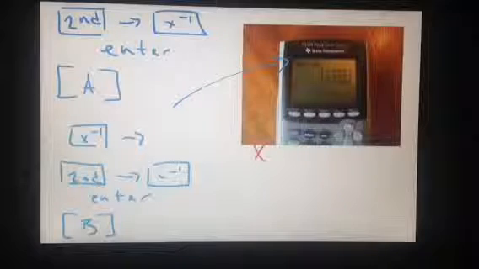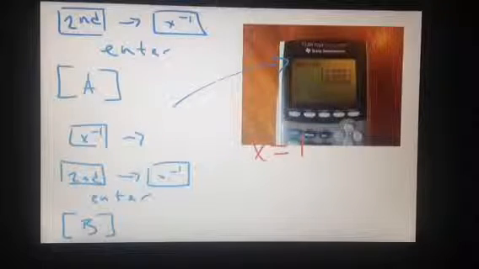Once you have the equation set up, as indicated in this picture, enter the problem and it gives you the values for your variables, leaving you with a simple way to solve a system of equations.